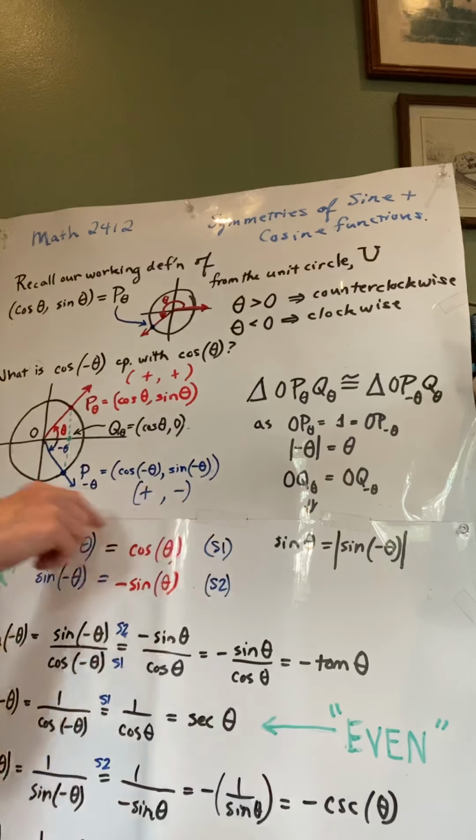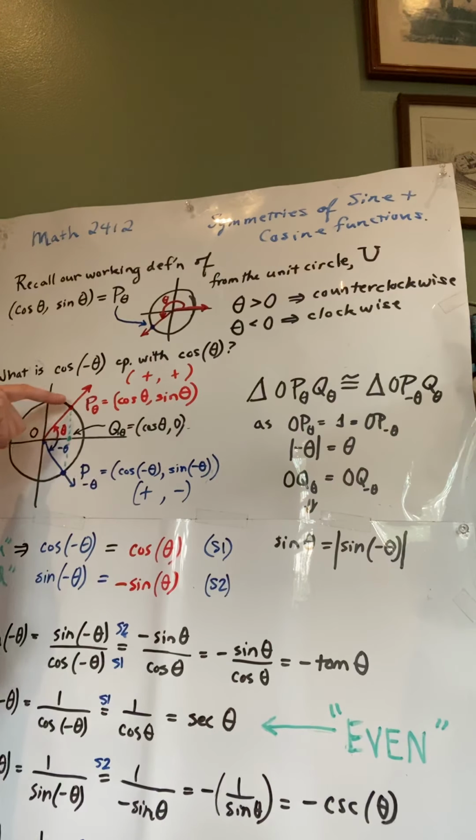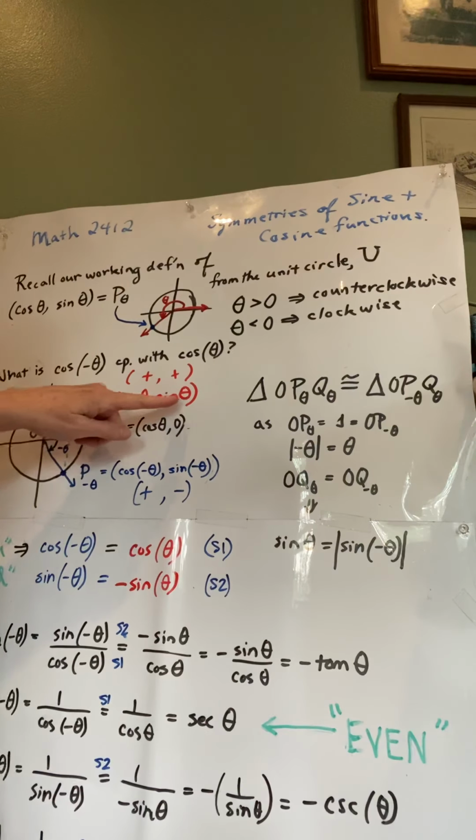And that leads us to say that the length of this side from p sub theta to q sub theta, which in the first quadrant can be taken as that exact y coordinate, sine theta. That length there is the sine of theta.